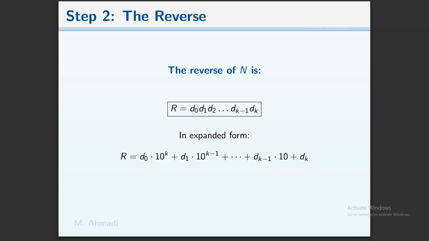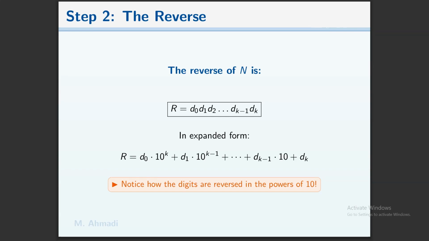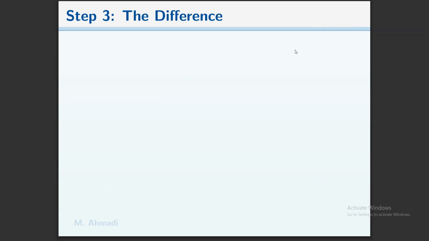R equals d0, d1, d2, up to dk minus 1, dk. In expanded form, we can write r equals d0 multiplied by 10 to the k plus d1 multiplied by 10 to the k minus 1 plus, and so on, plus dk minus 1 multiplied by 10 plus dk. Notice how the digits are reversed in the powers of 10. Here we can see the position of each digit in the number and in the reversed number.